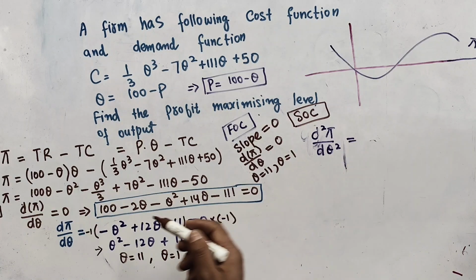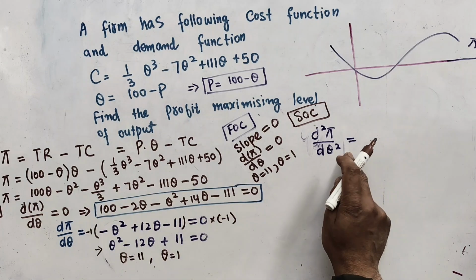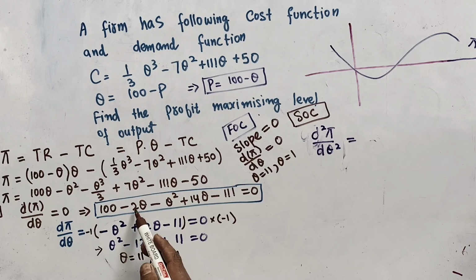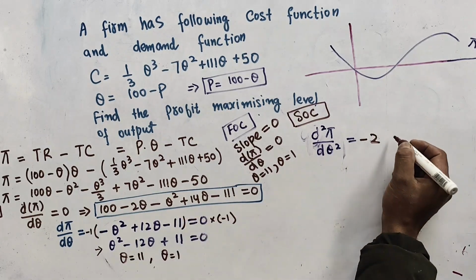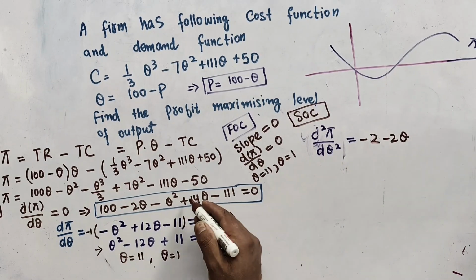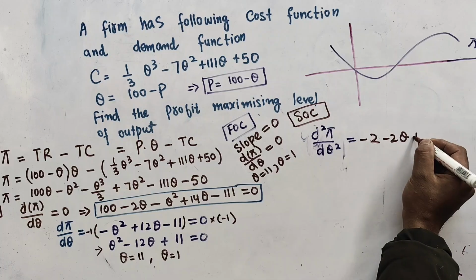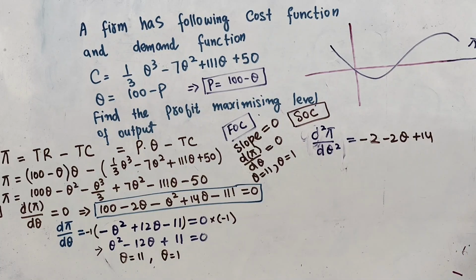Okay, so let us take its derivative again with respect to q. So derivative of a constant is 0, derivative of q is 1, so we are left with minus 2. Derivative of q square is 2q, so minus 2q, and then derivative of q is 1, so we are left with 14. So this is the second derivative.